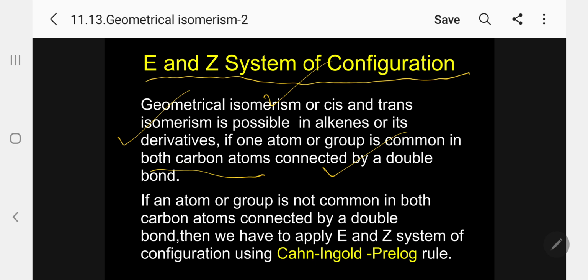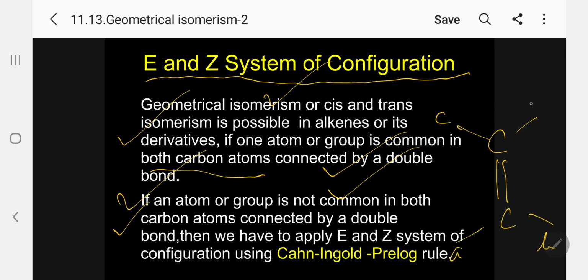Suppose an atom or group is not common to both carbon atoms connected by a double bond; for example, you take like this, I can write like this, kindly follow: A, B, C, D. If it is present like this, no atom is common to both carbon atoms connected by the double bond, then we have to apply the E and Z system of configuration, using again the Cahn-Ingold-Prelog rule proposed in the case of the RS system of configuration.